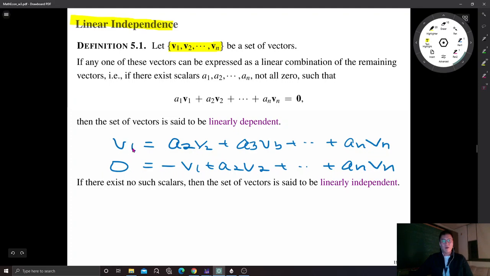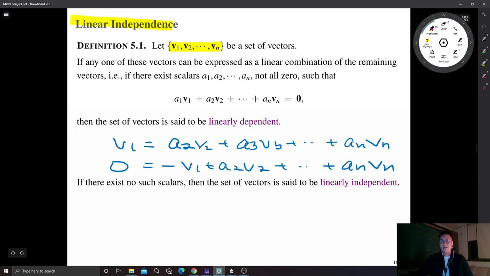If v sub 1 can be expressed as a linear combination of the others, then we have a linear combination of n vectors such that it boils down to the 0 vector.